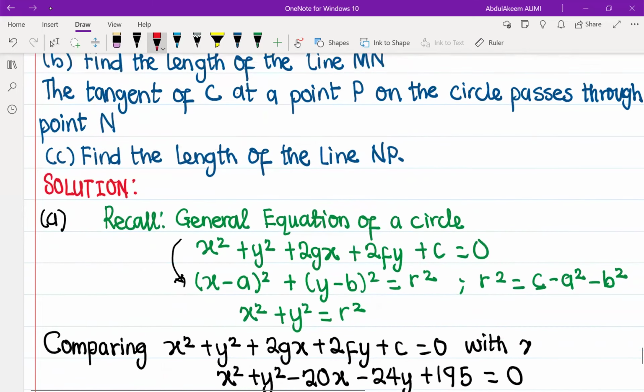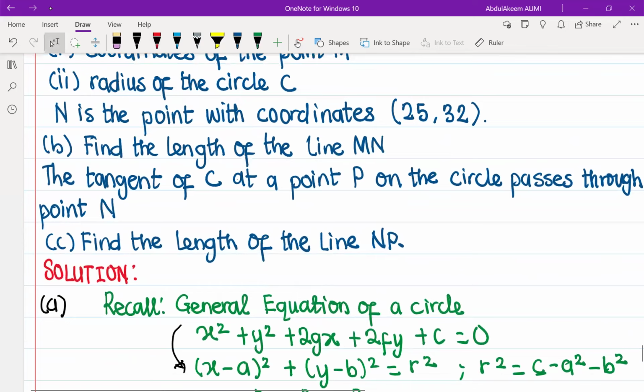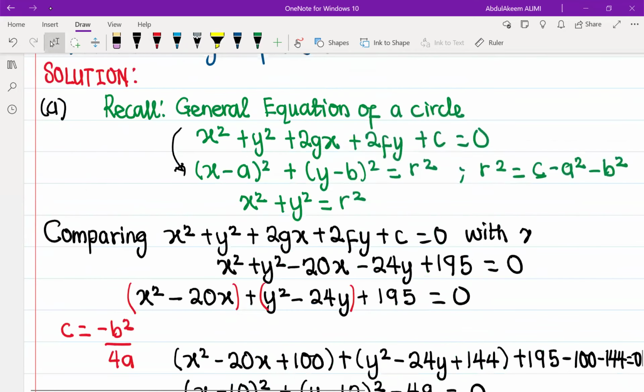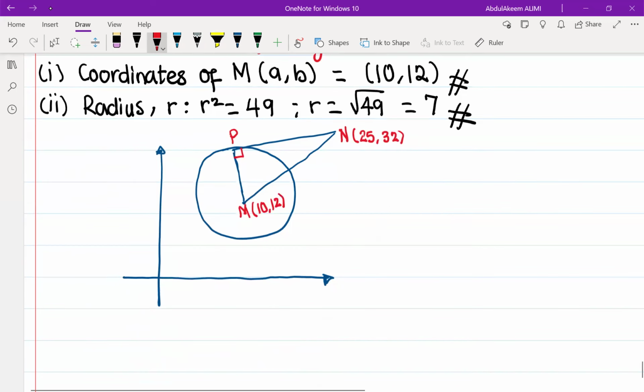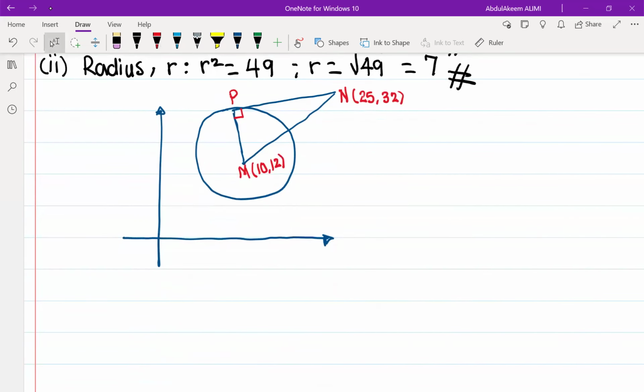This is N. And this is my P, the tangent. And this is my M. And the coordinate for M is 10, 12. So how do we solve this now?